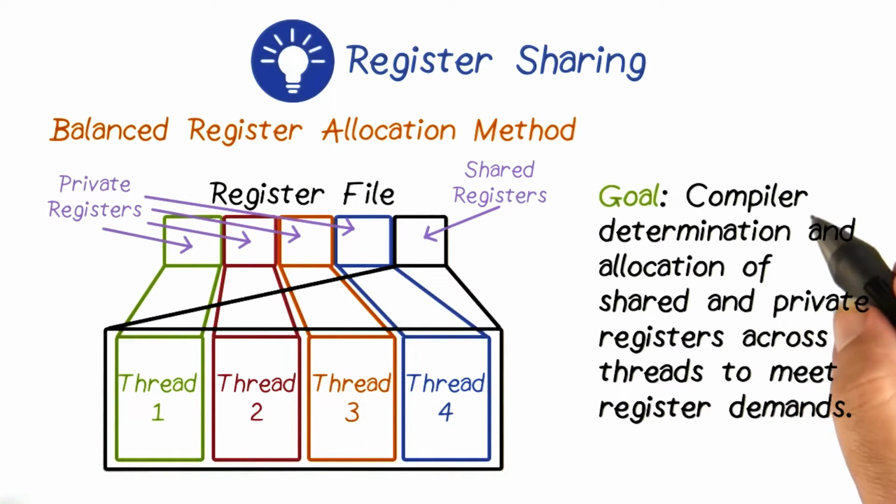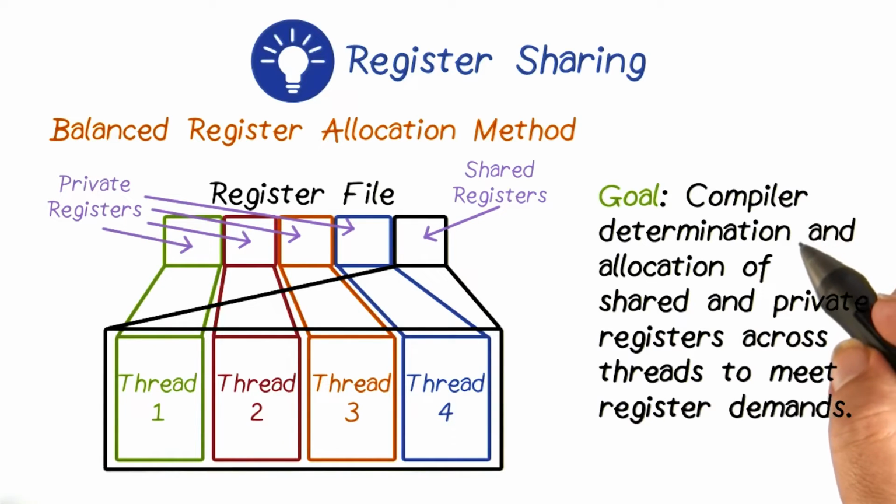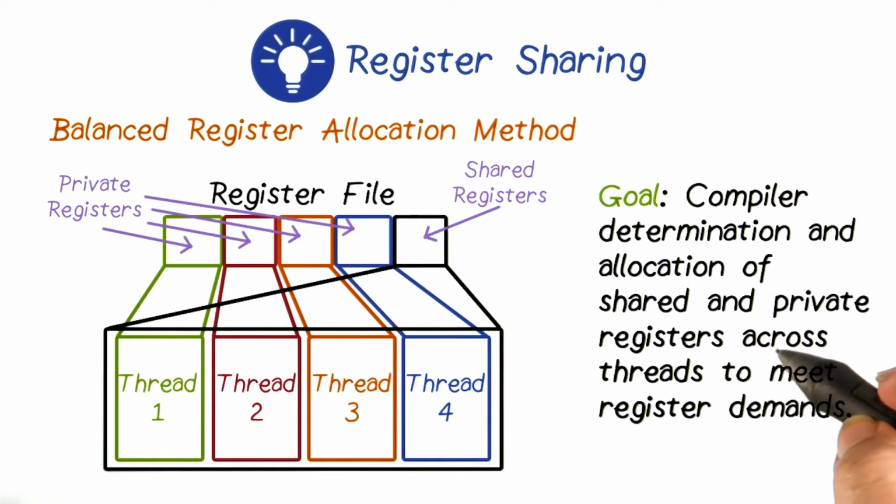That brings us to the central problem that we are solving in this lesson: compiler determination and allocation of shared and private registers across threads to maximally meet the register demands.